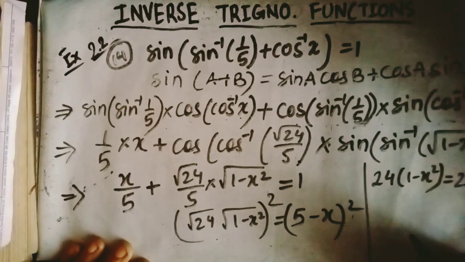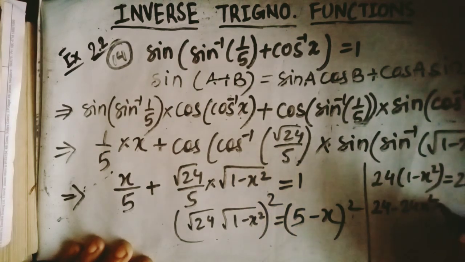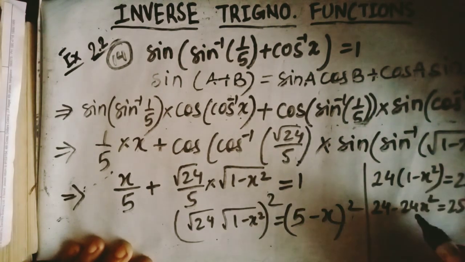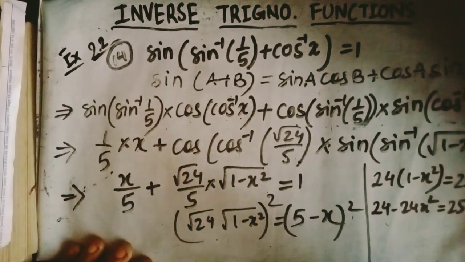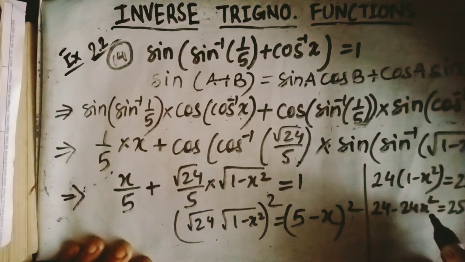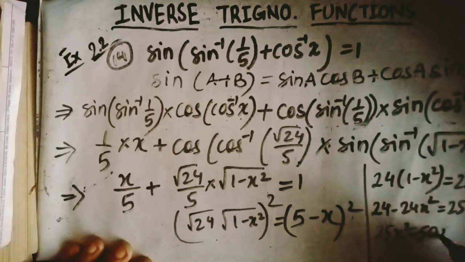And this will be 24 minus 24x square equal to 25 minus 50x plus x square. So this you can take that side, 24 also that side. You will get 24x square plus x square, so 25x square, 25 minus 24, 1, minus 50x plus 1 equal to 0.